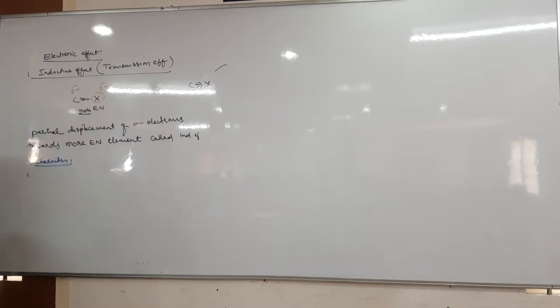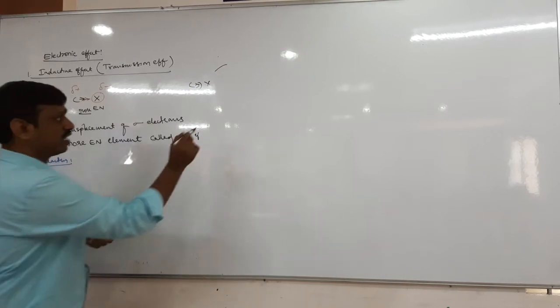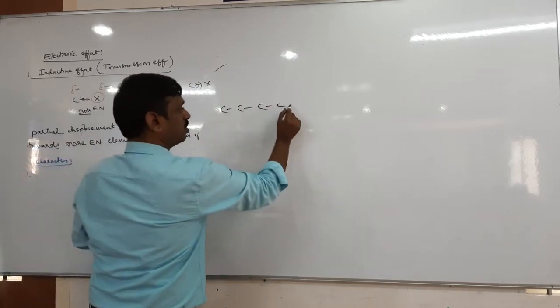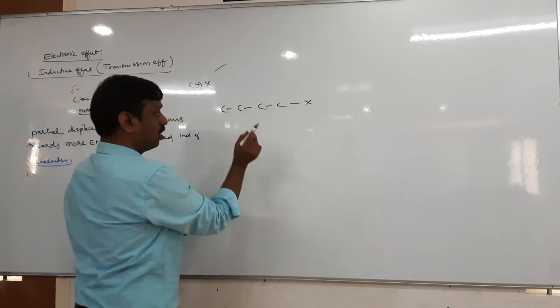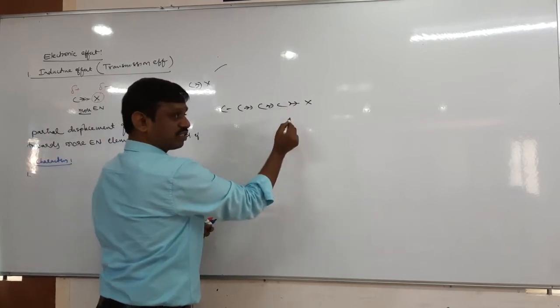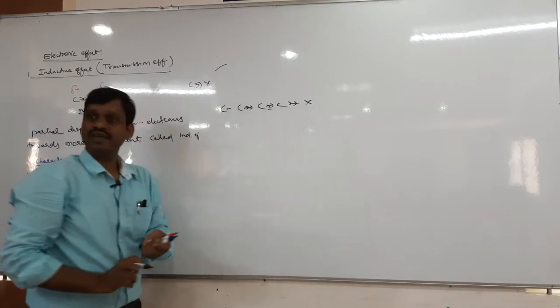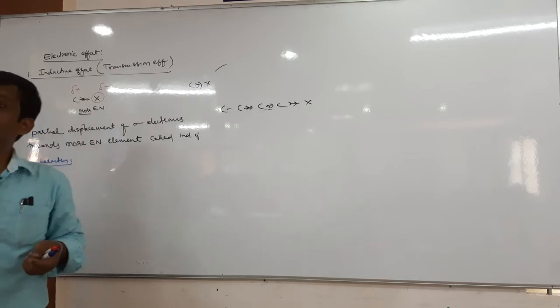Next, in this inductive effect, is there any sigma electron changing position? There is a displacement of sigma electron, for example on the carbon bond where X is present. But is the whole sigma bond coming to X? No, there is no such displacement.